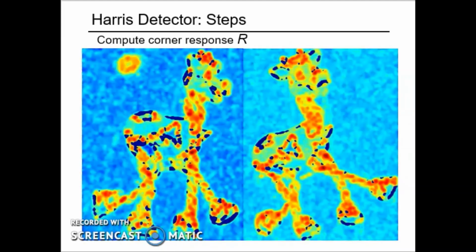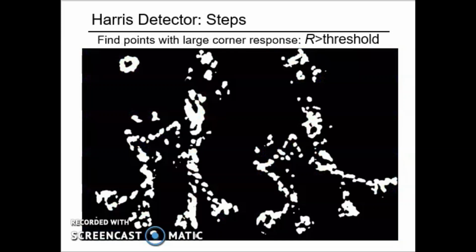Once we have calculated this corner response R, this is somewhat called the heat plot, where the red regions indicate the candidates for corners. So all these red regions have been identified here.